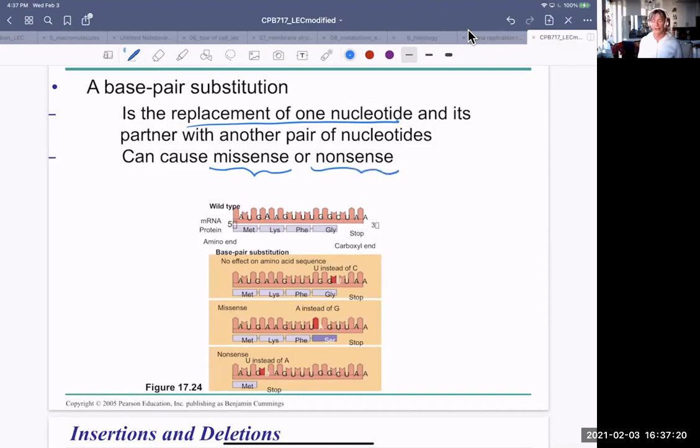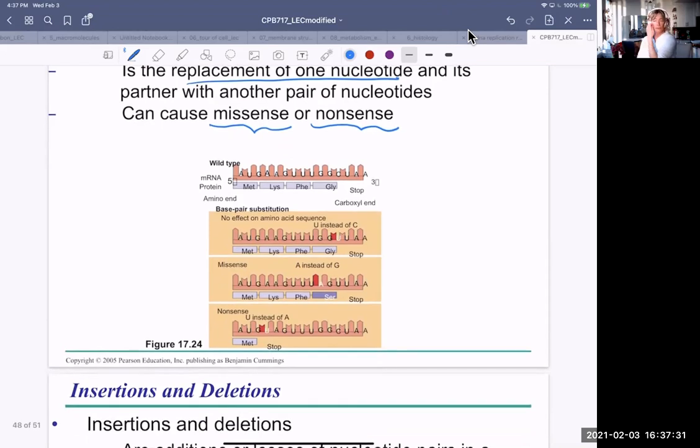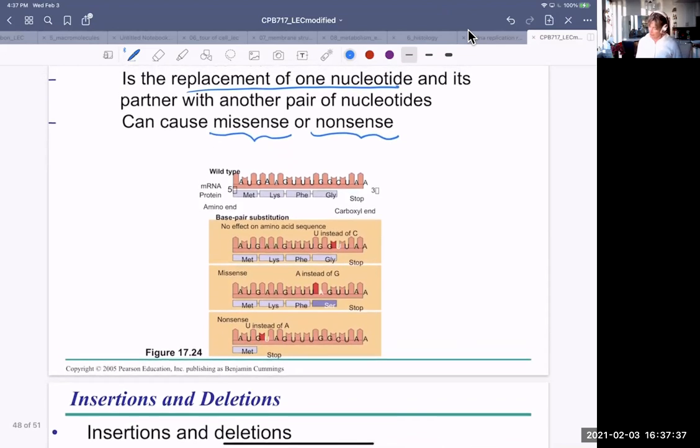Nonsense, you will not get a protein at all. So if the mutation is early on, then all of the codons might be out of whack, or you might have a stop codon. So here you've got a stop codon that might happen very early on, so you don't even get the rest of the protein.